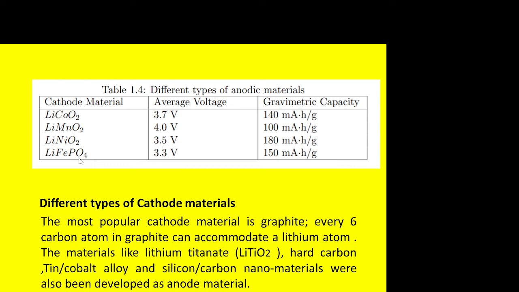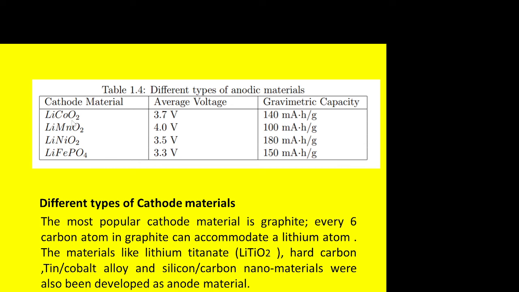Lithium iron phosphate is a promising material which can be used in electrical vehicles, because lithium iron phosphate is more stable. It won't explode. It's not an explosive material. So lithium cobalt oxide cannot be used for making automobile batteries, because an electrical vehicle battery is a large size battery.